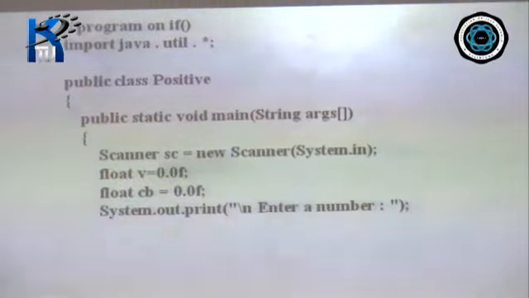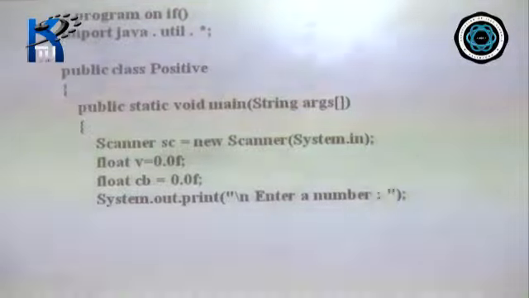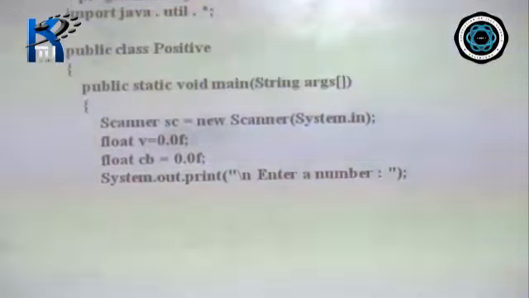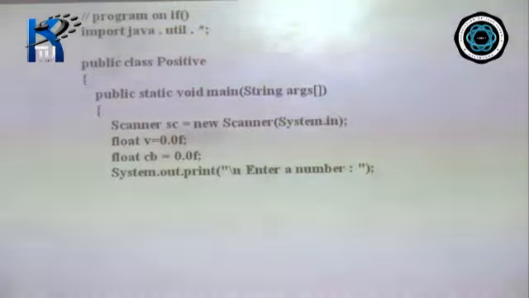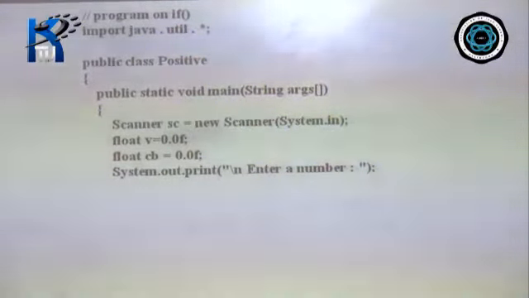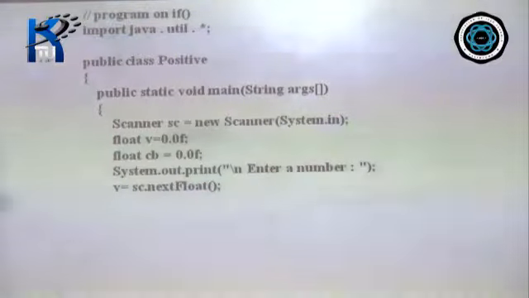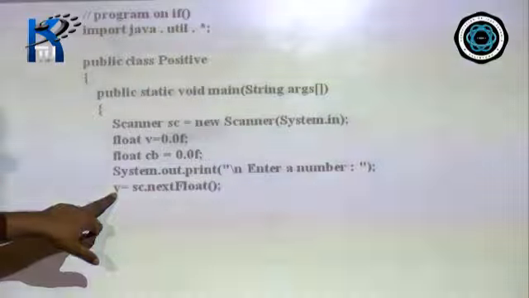So when we run the program, our program should tell the user to enter a number. So System.out.print("\nEnter a number"). Now, once the number has been given by the user, we need to store it in v. So sc.nextFloat(), the scanner function that will read a floating point value and store it in the variable v.